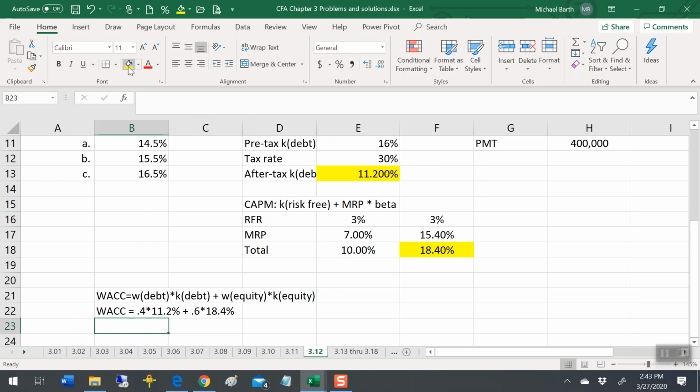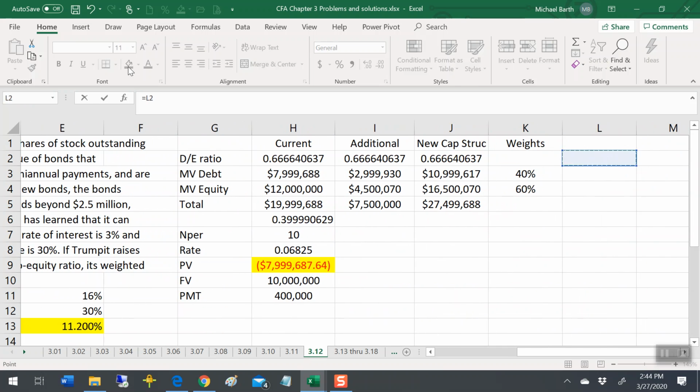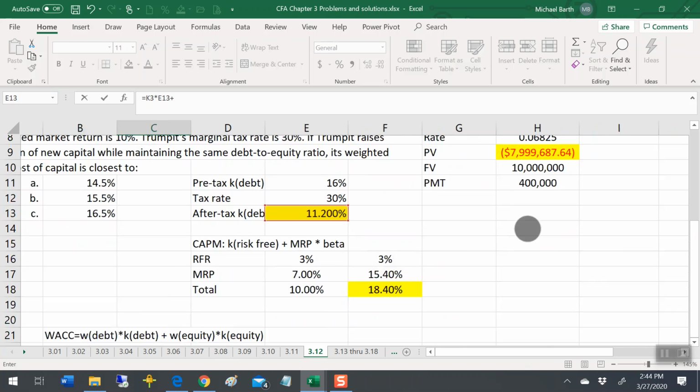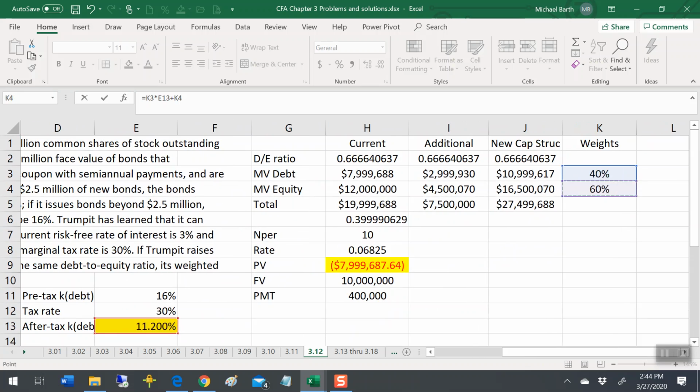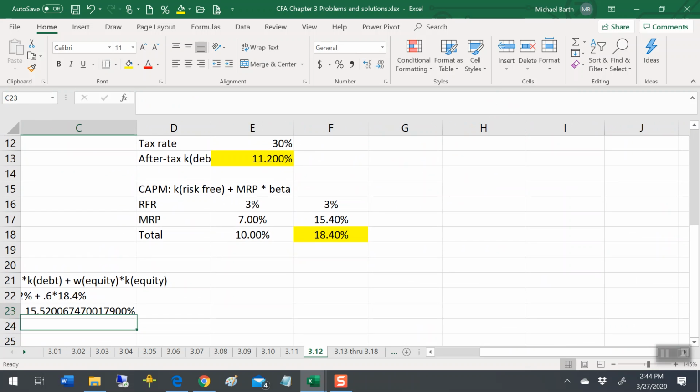All right, so go in here and use the cells from a spreadsheet: 40% times the after-tax cost of debt plus 60% times the cost of equity. And I hate Excel going bananas with the decimal places, but it's what it does.